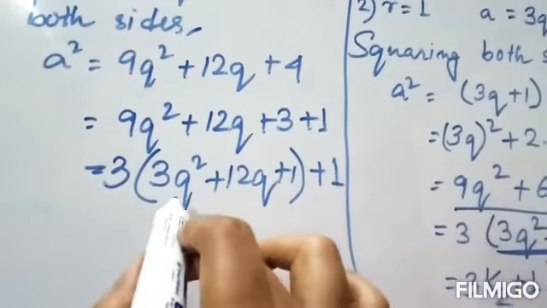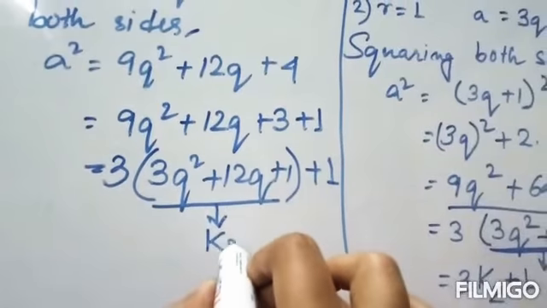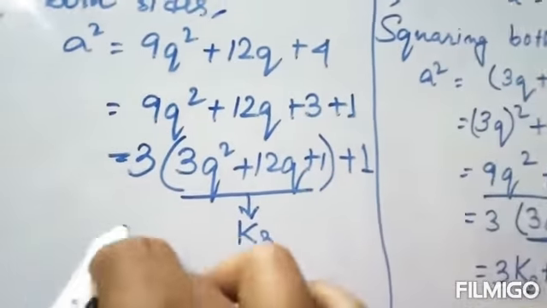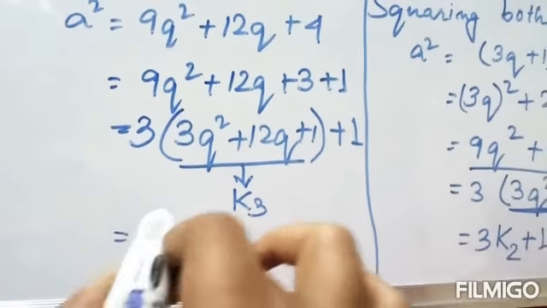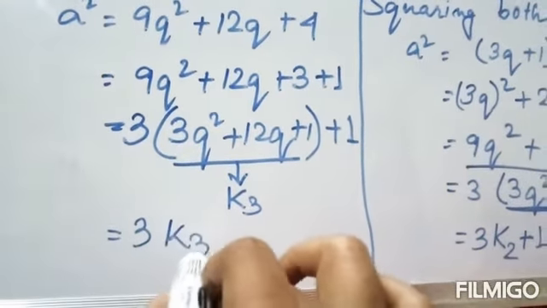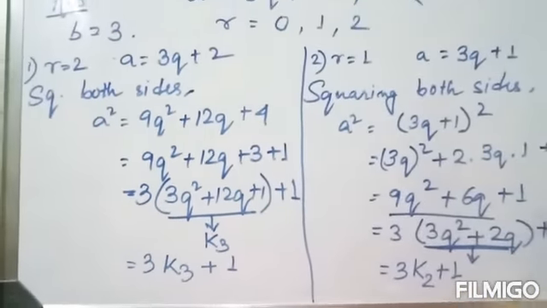Now let us consider this as k3. Now what we can see from here is 3k3 plus 1, right? Please note it down.